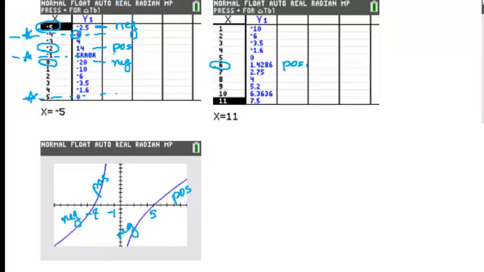Right, so it's below the x-axis from what we confirmed, negative infinity to negative 4, and then from negative 1 to 5.